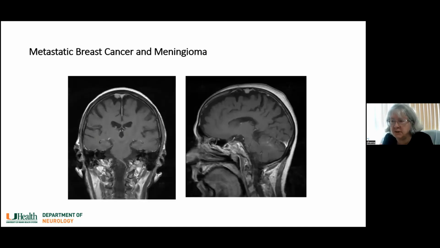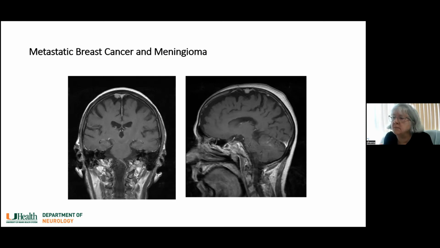Not all dural lesions are metastatic breast cancer in a breast cancer patient. This is a meningioma, and there does seem to be an increased incidence between having breast cancer and meningiomas, so keep this in mind. I think it also reminds us that many of you as neurosurgeons will be asked to see incidental meningiomas.